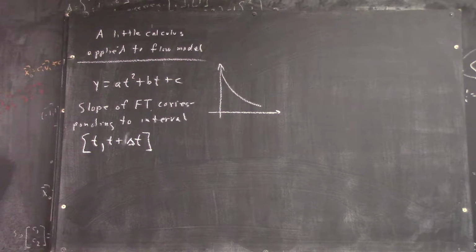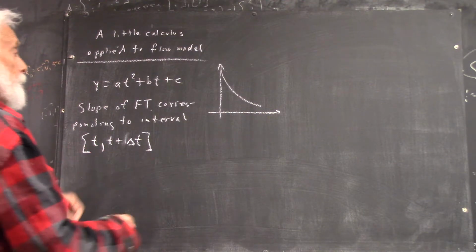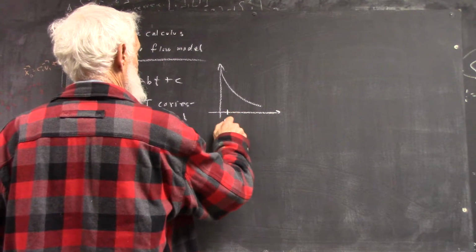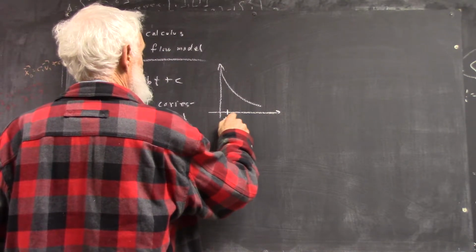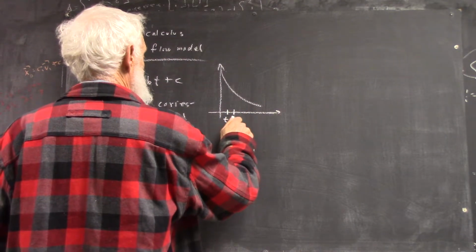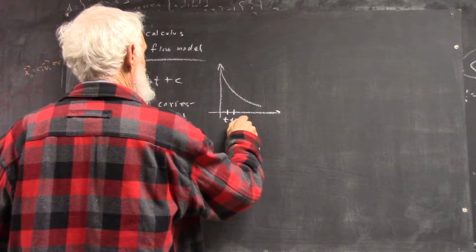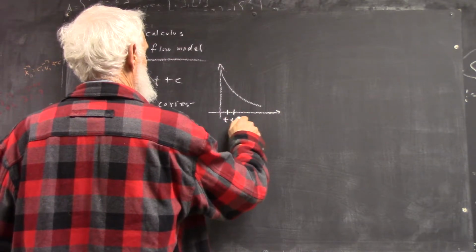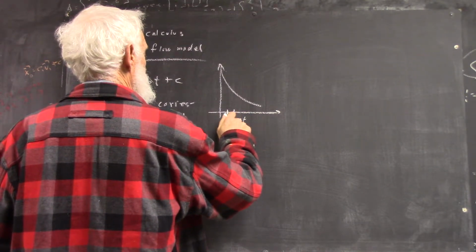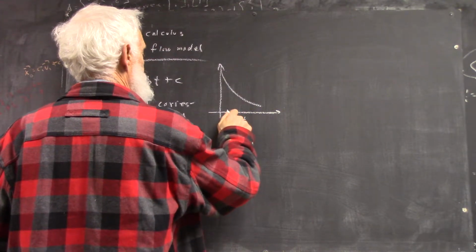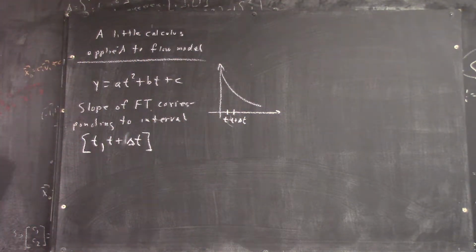Okay, so what do I mean by that? Well, the interval t to t plus delta t, I'll draw it a little bigger than it should be, because delta t is generally considered to be a small number. So here's t, and here's t plus delta t, right?